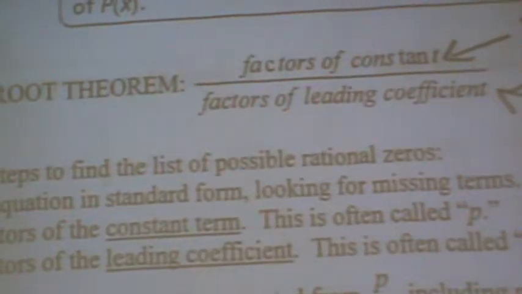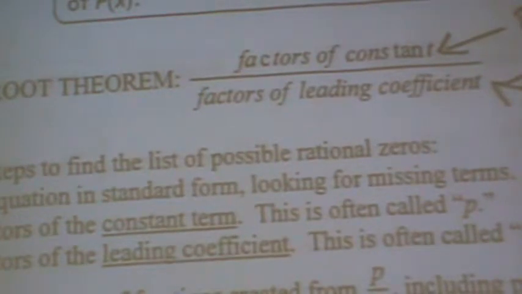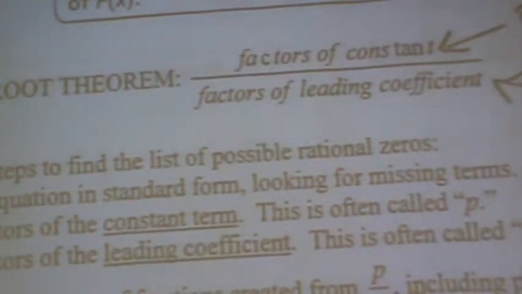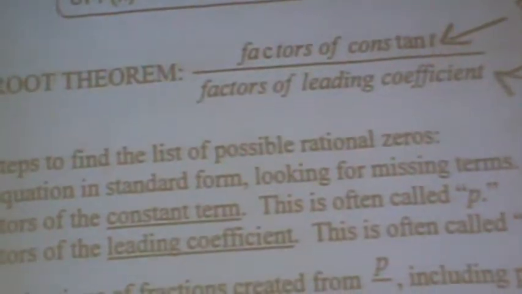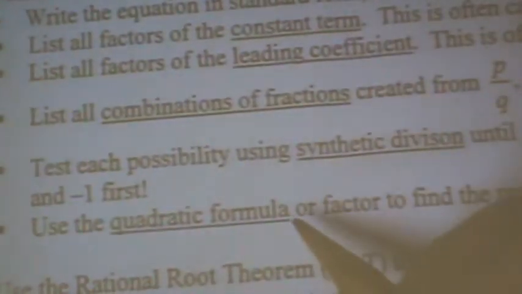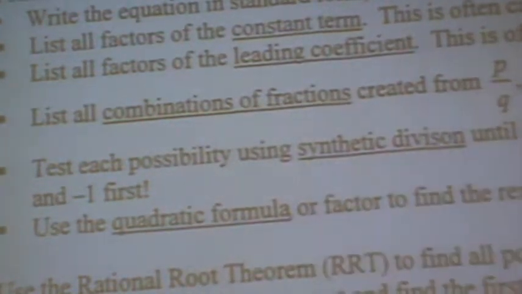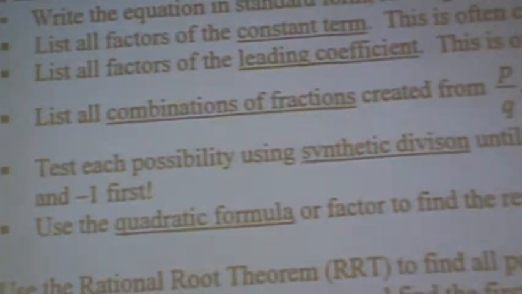Then, one at a time, use synthetic division and see where you get a zero. When you get a zero, you start breaking it up into factors and finding all the zeros. At some point, you're going to want to use either the quadratic formula, take the square root of both sides, or simply factor it to find the remaining zeros.